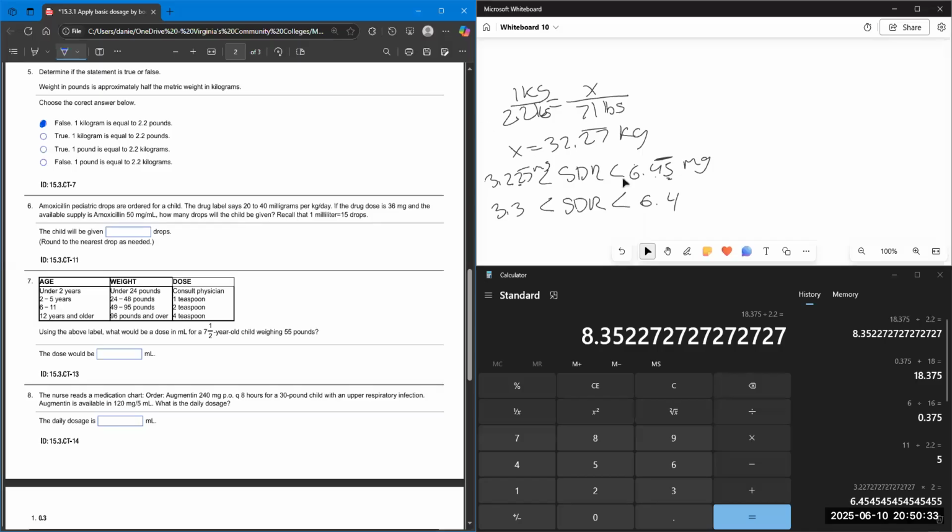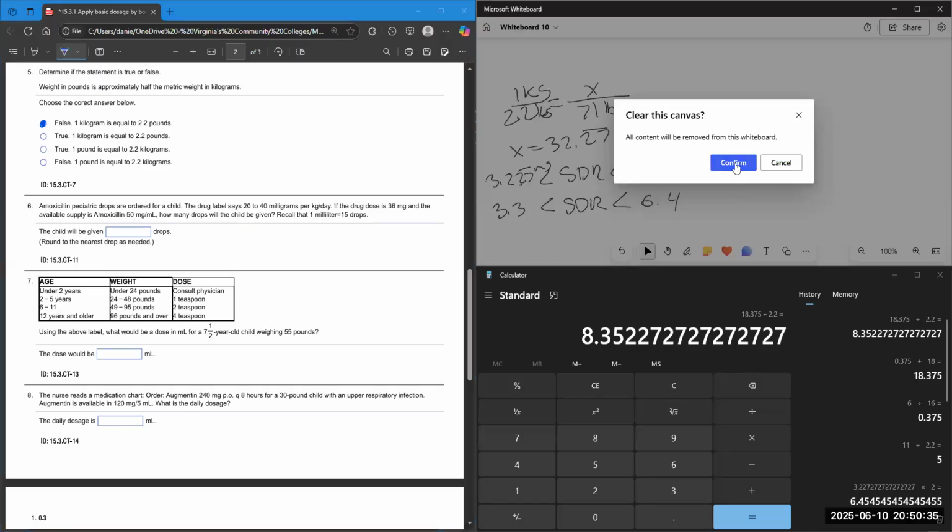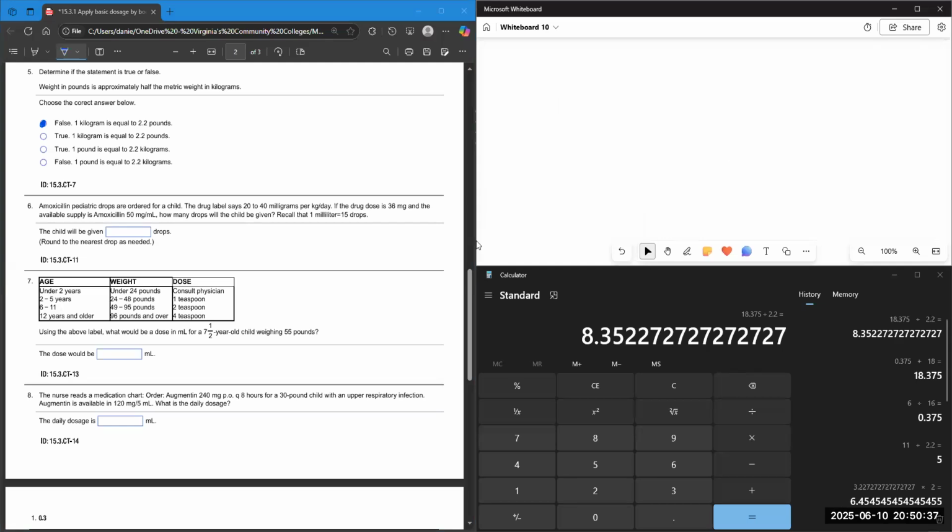Amoxicillin pediatric drops are ordered for a child. The drug label says 20 to 40 milligrams per kilogram per day. The drug dose is 36 milligrams, and the available supply is 50 milligrams per milliliter. How many drops will the child be given?